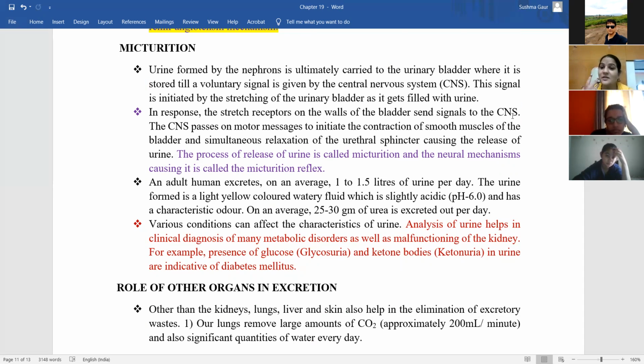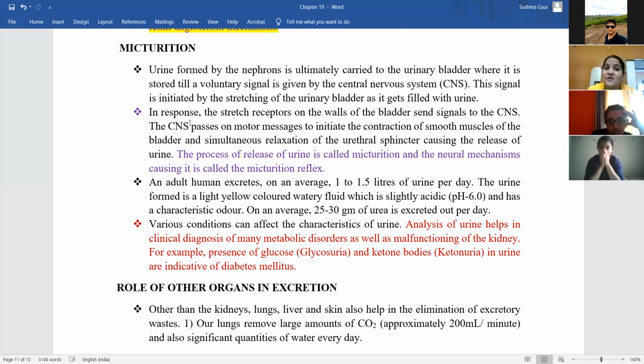Now when the stretch receptors of the urinary bladder get the signal, they send a signal back to the central nervous system that we have got the message, and the person is going to urinate. Understood? The first signal is given by the central nervous system to the stretch receptors of the urinary bladder. In response to that, the stretch receptors present on the walls of the bladder send a signal back to the central nervous system.